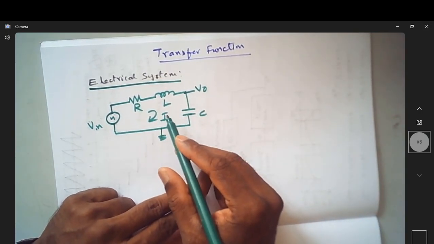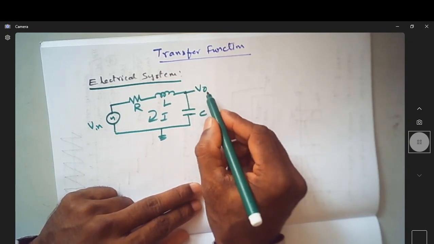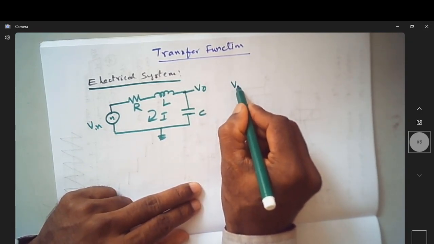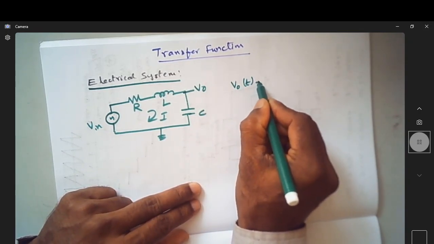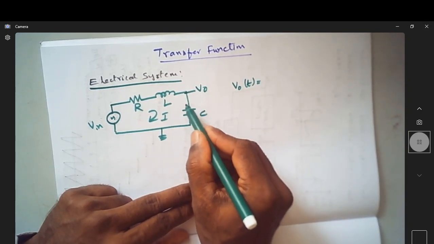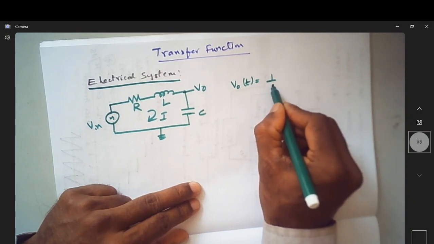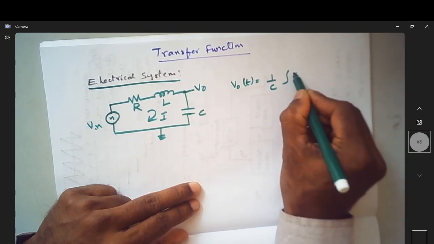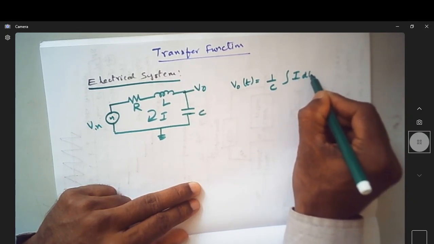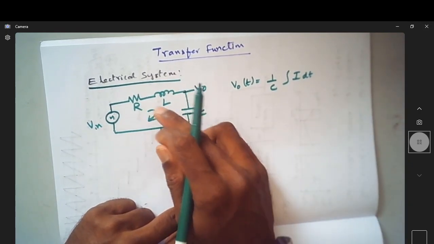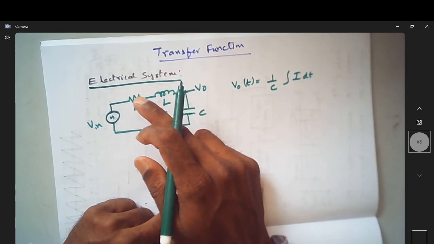So we know that the output voltage V naught of t is given by the voltage drop across the capacitor, which is nothing but 1 over C integral of I dt. This is the current flowing through this entire circuit.